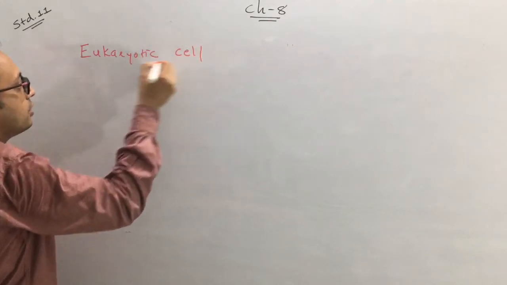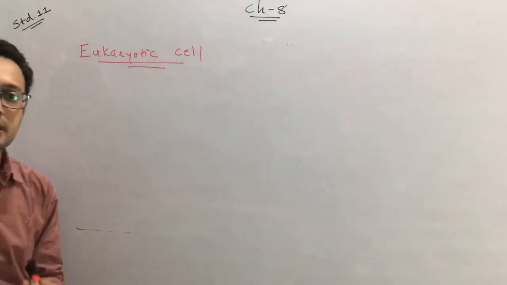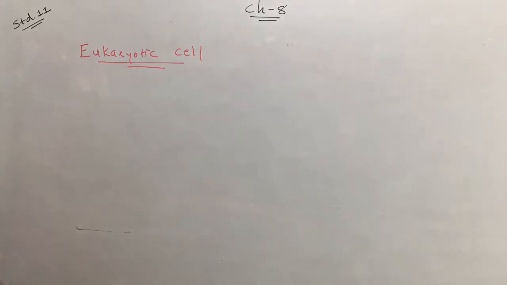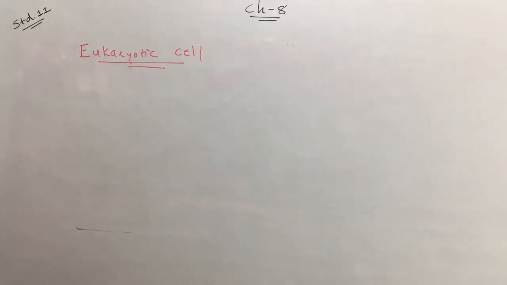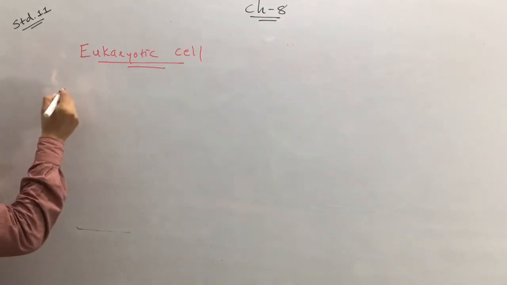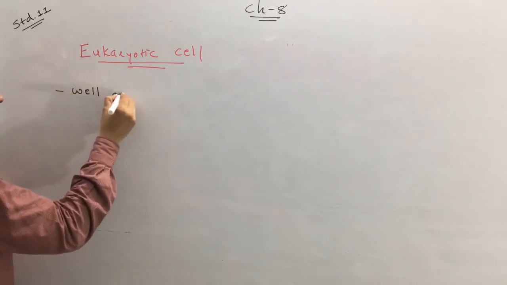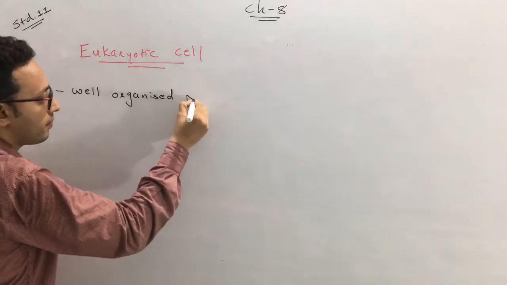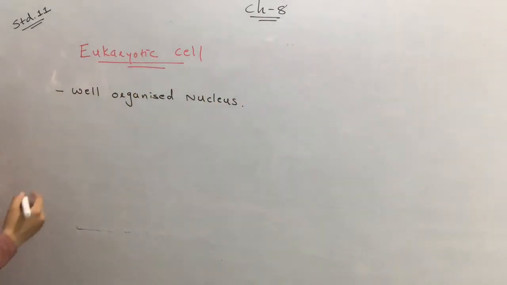I will just list again the characteristics we discussed during the comparison, the ones you can find only in eukaryotic cells. The first characteristic is a well-organized nucleus.